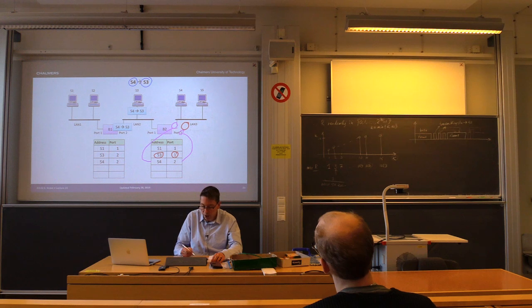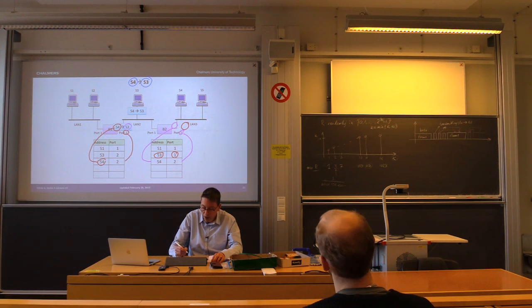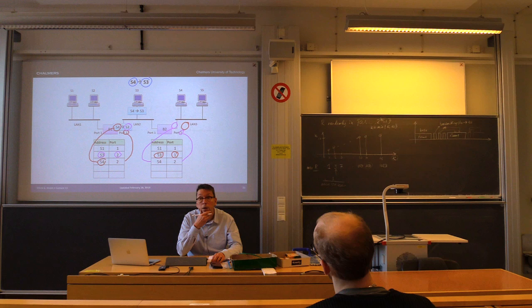So what does bridge number 1 do? Well, it looks at the source address and puts that into the table here. And it looks at the destination address, S3. It knows that S3 is on its port 2. So what should the bridge do now?